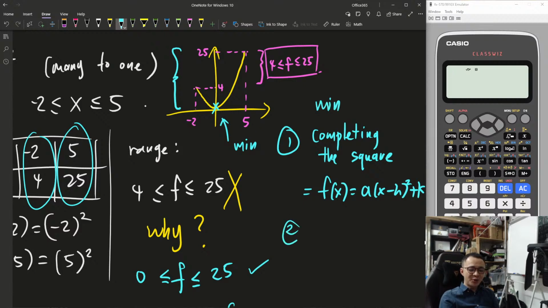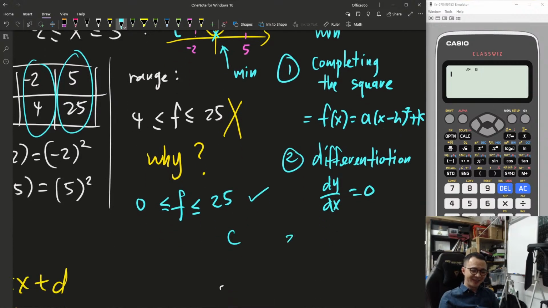If you are from 5 student, you learn about differentiation already, then you can do dy/dx equals to 0 to find your minimum point. Third, if you haven't learned quadratic or differentiation, you can use my Casio calculator, 570EX or 991EX.